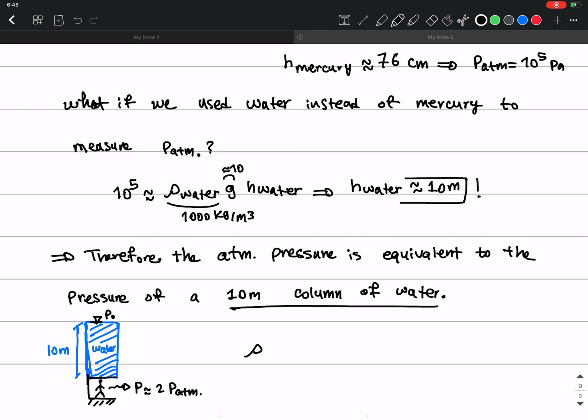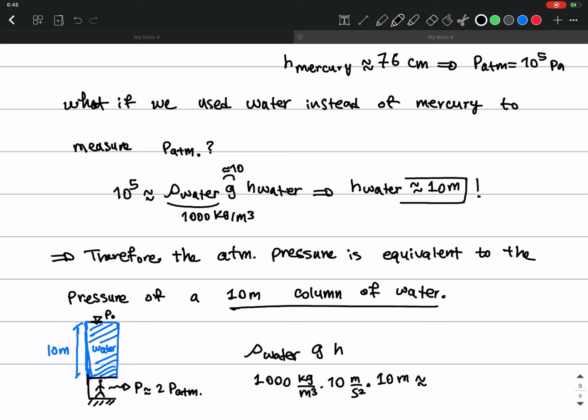So rho water g h gives us the pressure. Rho of water, you should all know, is 1,000 kilogram per meter cube, times g, say it is 10 meter per second square, and h, which is 10 meter.